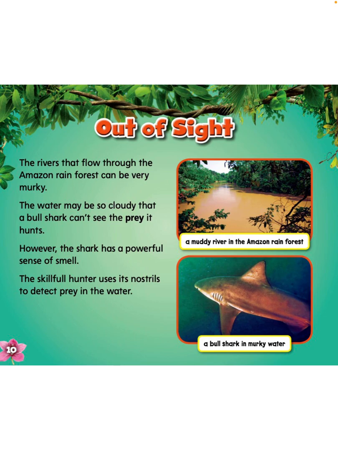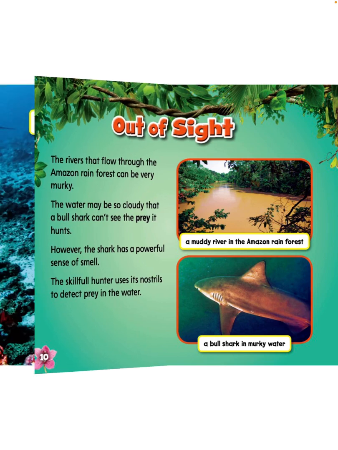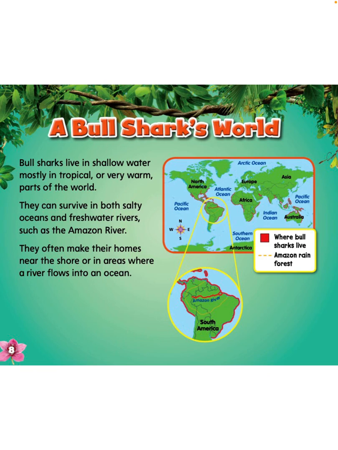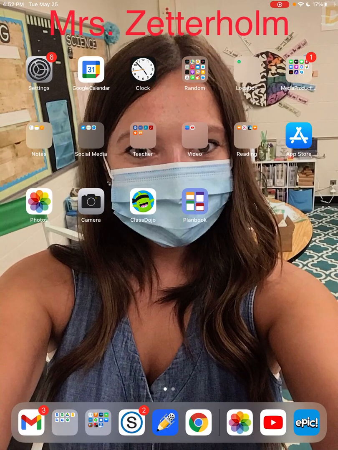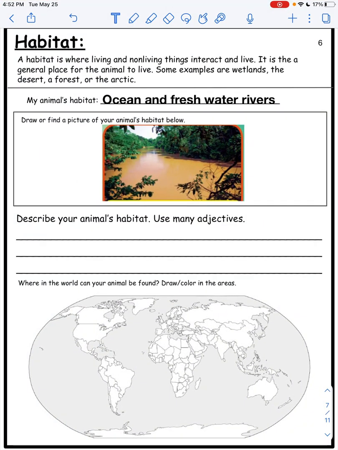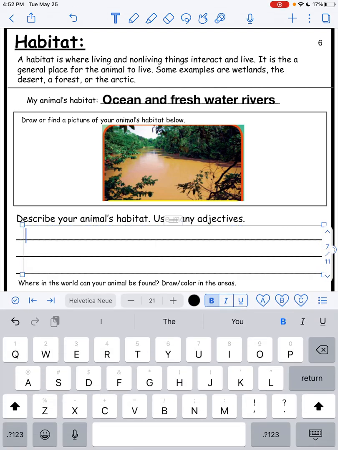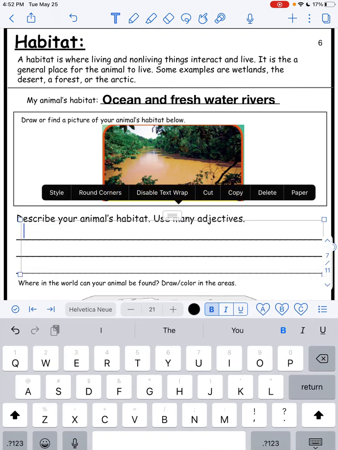However, it has a powerful sense of smell, and uses its nostrils to detect the prey in the water. So I might include some of that information. I might also include the part about how it's both in the ocean and freshwater. So I will kind of see what I do. Now it says many adjectives. Those are describing words, so I need to keep that in mind as I type.